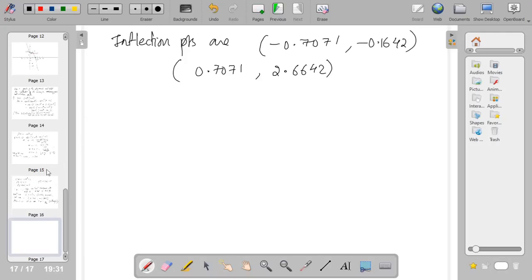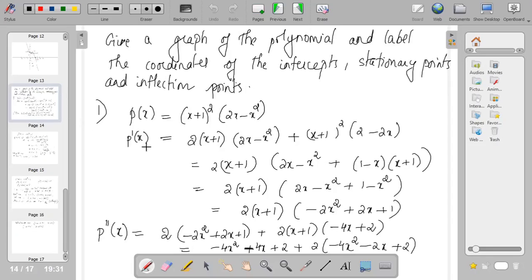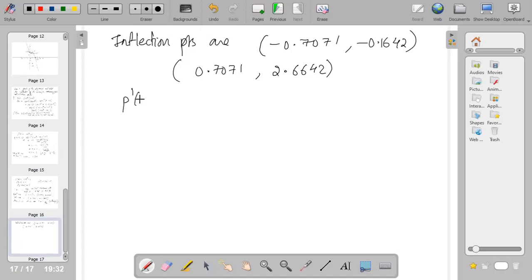And now let us find out where the function is increasing and decreasing. So let us take p dash of x. p dash of x is 2 into (x plus 1) into (minus 2x square plus 2x plus 1).